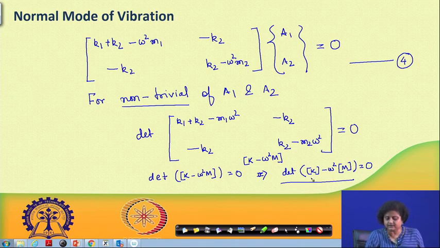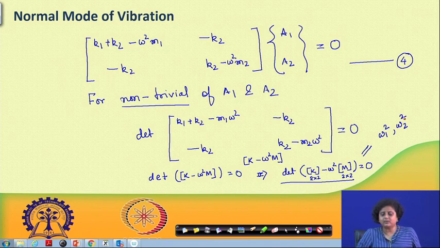Now, for this particular case, this k matrix is 2 by 2, this m matrix is 2 by 2. I can solve this equation. It's very easy to solve this determinant, and I will get two solutions for omega square: omega 1 square and omega 2 square, because my k and m matrices are 2 cross 2.